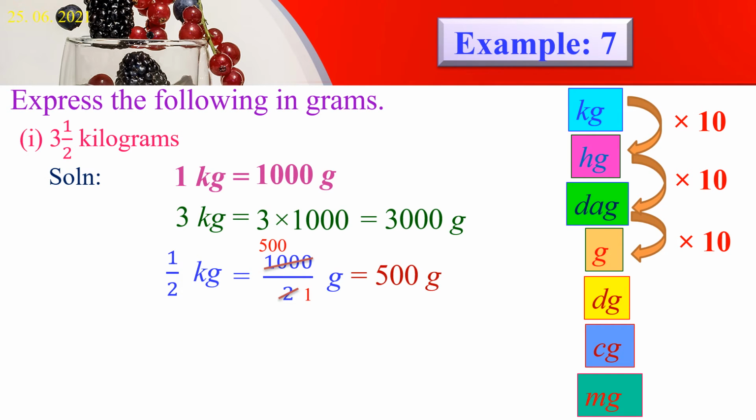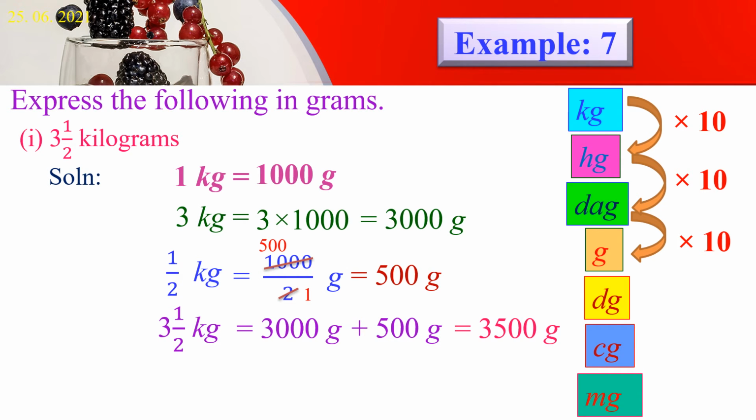Therefore, half kg is equal to 500 gram. Now, 3.5 kg is equal to 3000 gram plus 500 gram, and adding them, we get 3500 gram. Therefore, 3 1/2 kg is equal to 3500 gram.